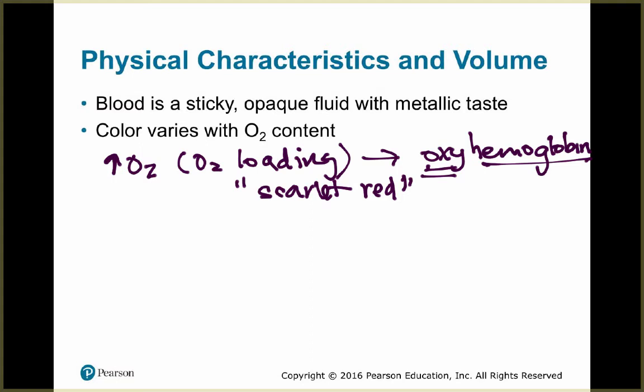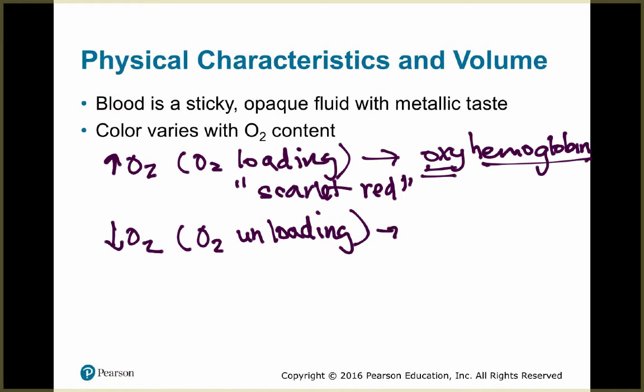Now, if you have low O2 levels, this is going to be the blood that leaves your tissue going back to your heart to be re-inundated with oxygen. This is what's known as O2 unloading, because O2 is leaving, it's not present. If you no longer have oxygen, it's called deoxyhemoglobin.